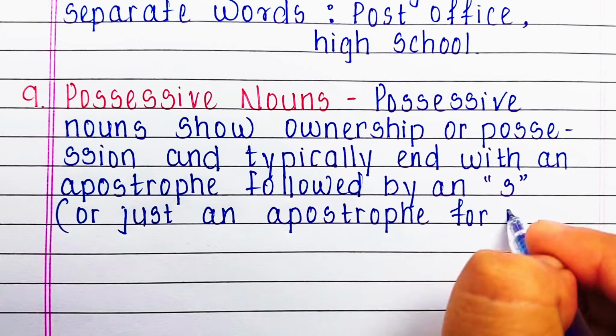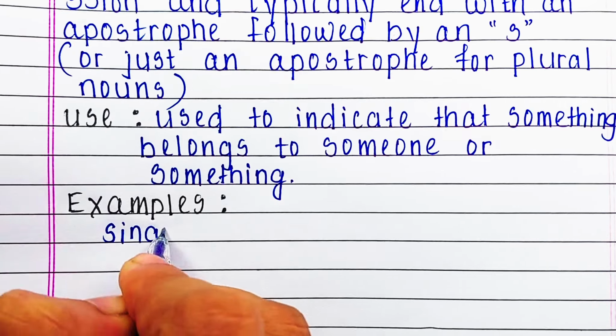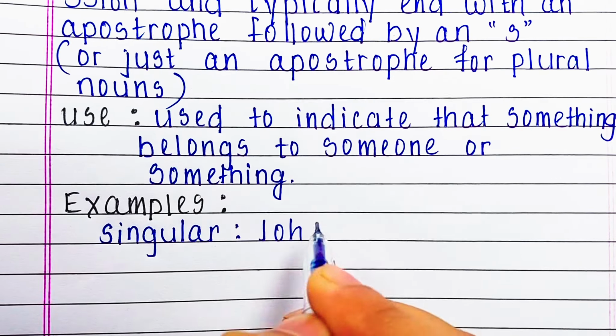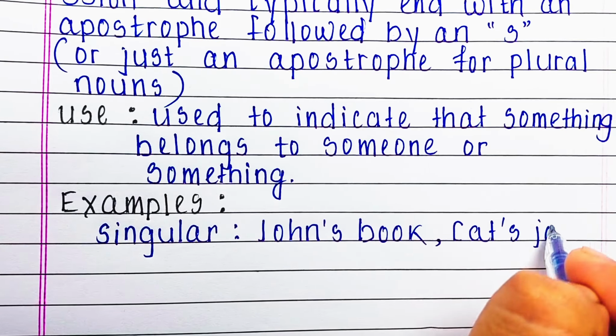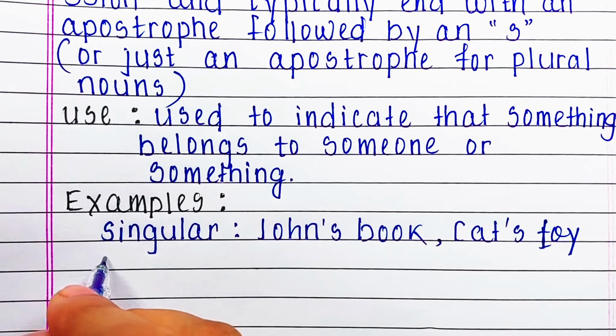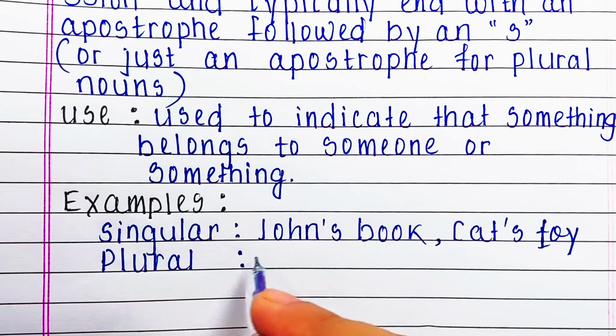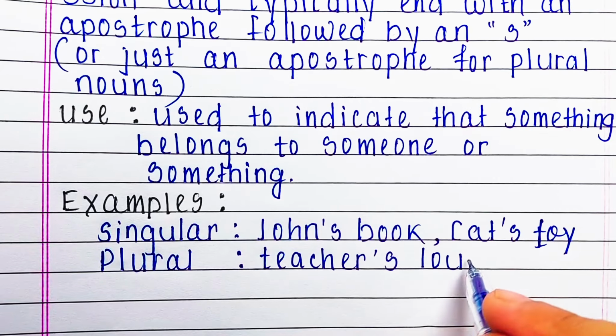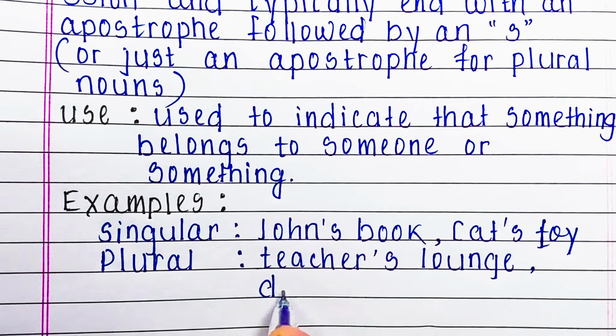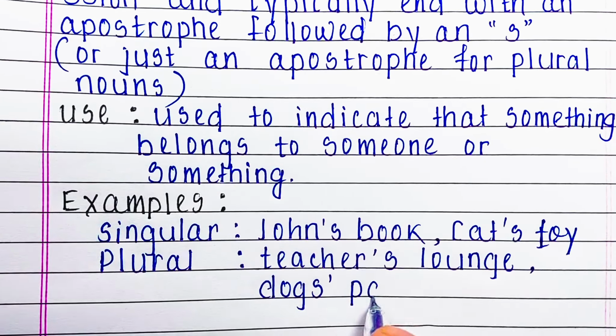Use: they are used to indicate that something belongs to someone or something. For example, first, let's discuss the singular words like John's book, cat's toy, etc. Plural form words like teachers' lounge, dogs' park, etc.